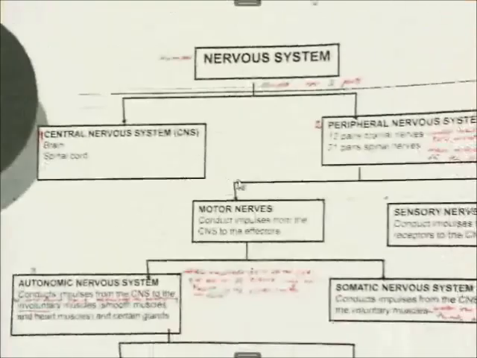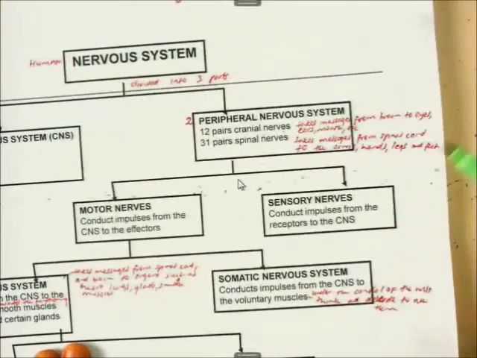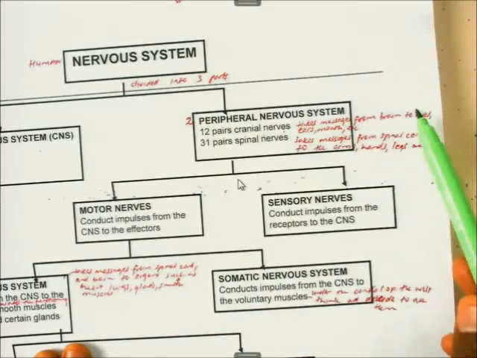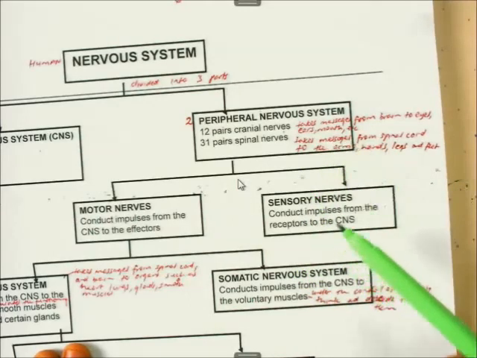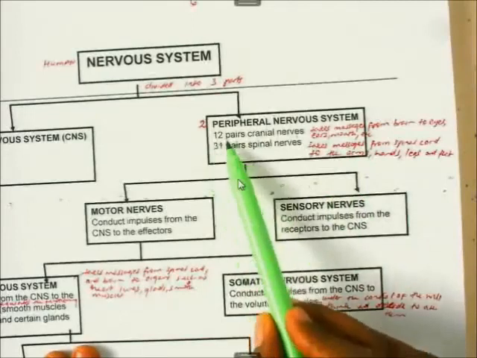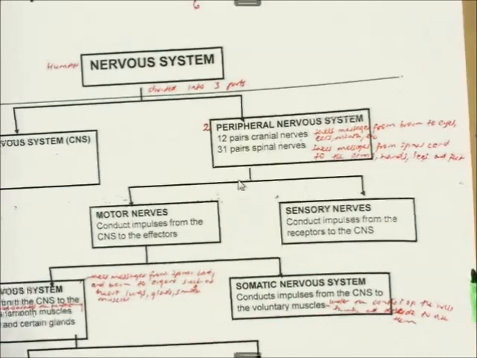The 12 pairs of the cranial nerves take messages from the brain to your eyes, to your ears, to your mouth, etc. And then the very same peripheral nervous system is made up of 31 pairs of the spinal nerves.